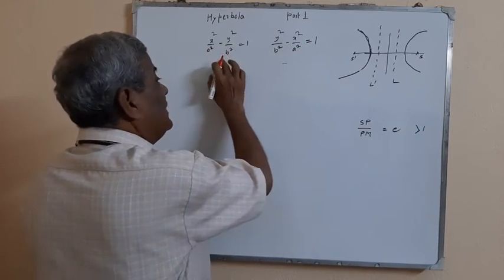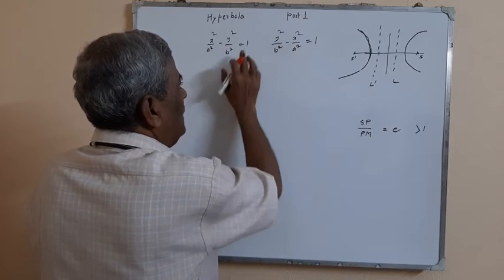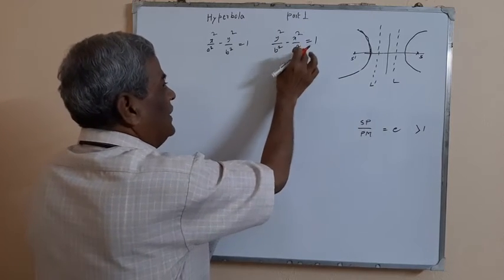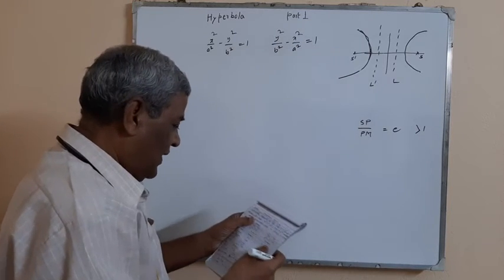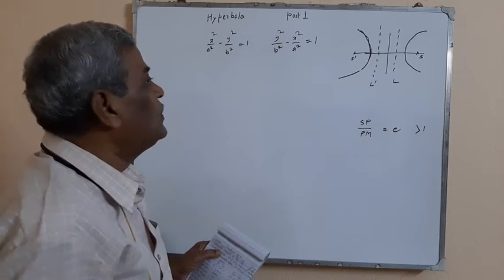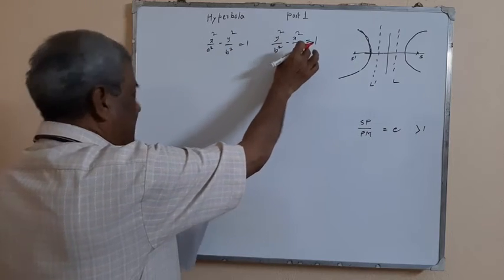This is hyperbola. Its conjugate hyperbola is this. This can be obtained simply by replacing 1 by minus 1. Then you get that. So we get two equations of two hyperbolas. One is this, other is its conjugate.